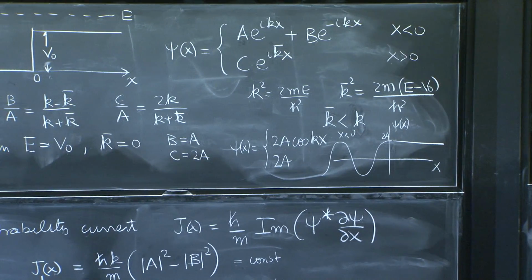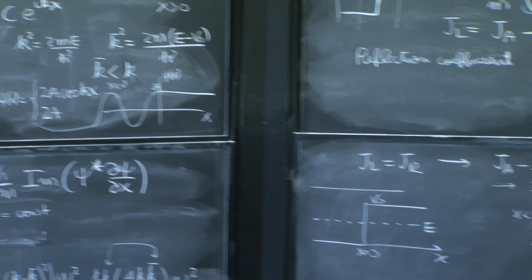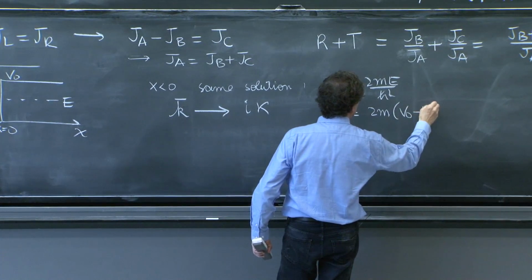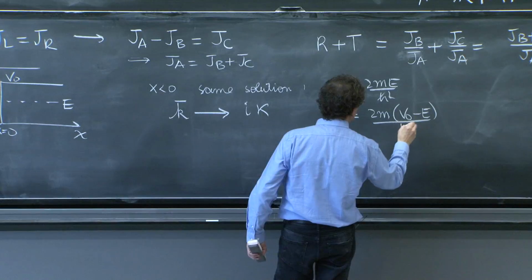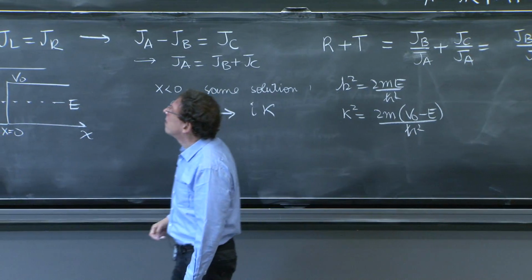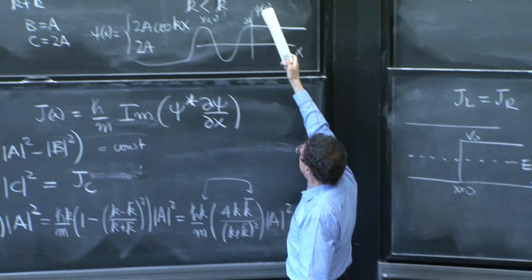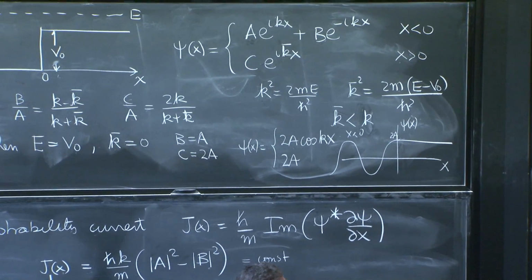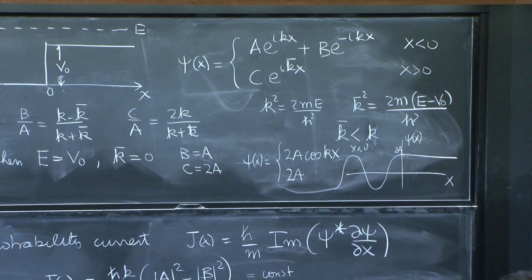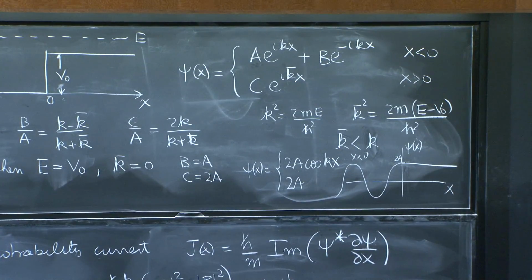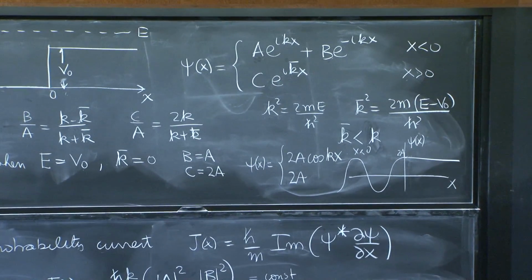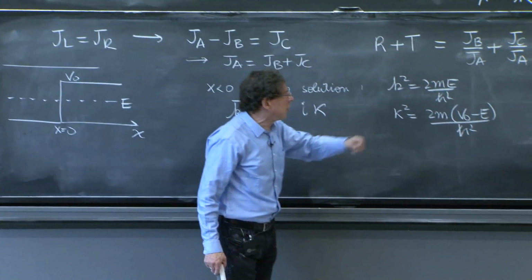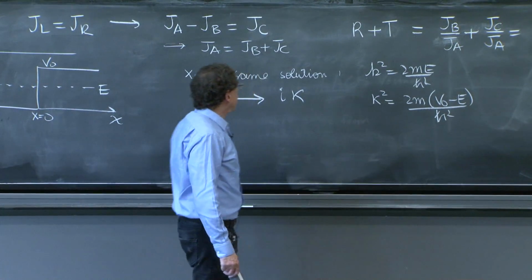So kappa squared would be 2m (V naught minus E) over h bar squared. The sign is just the opposite from this equation. That's what that equation becomes upon that substitution. Now, that substitution would not make any difference had I put a plus i or a minus i. I would have gotten my sign change in this.